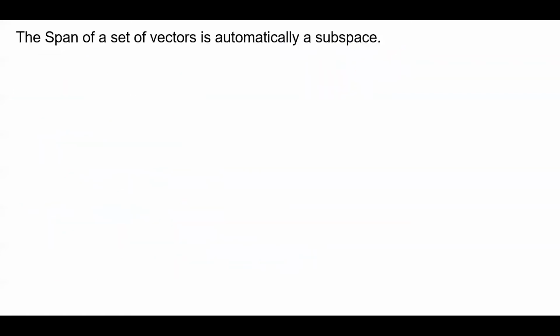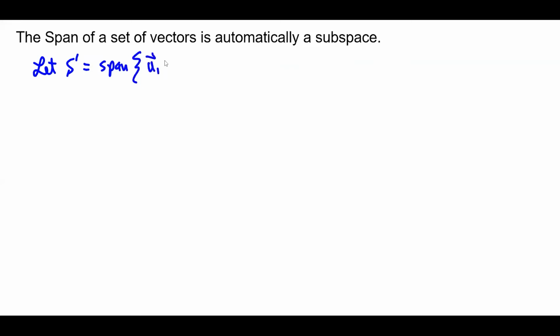So it turns out that if you span any set of vectors, you automatically get a subspace. So anytime we've talked about spanning any set of vectors, we have created subspaces. So let's just check that. So we'll say let S be the span of a set of vectors.